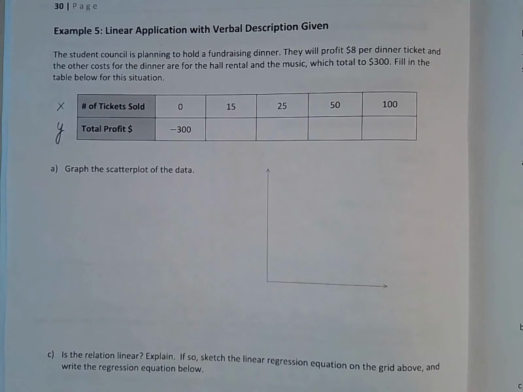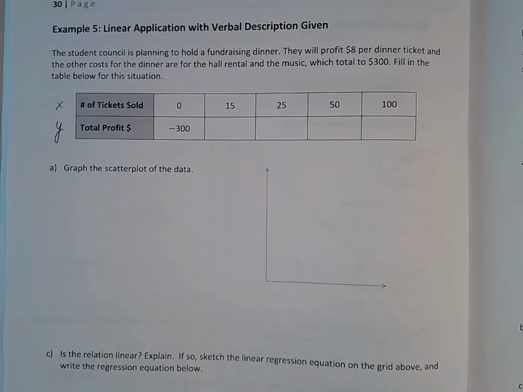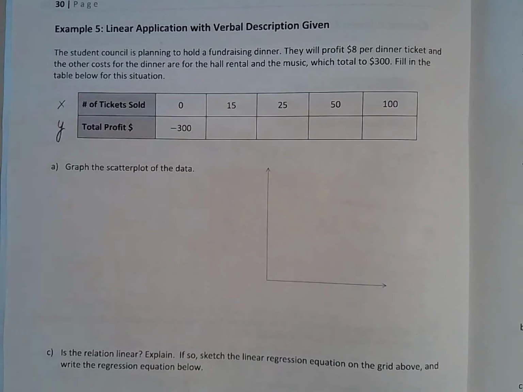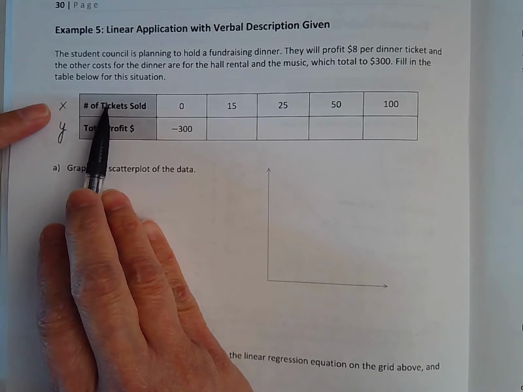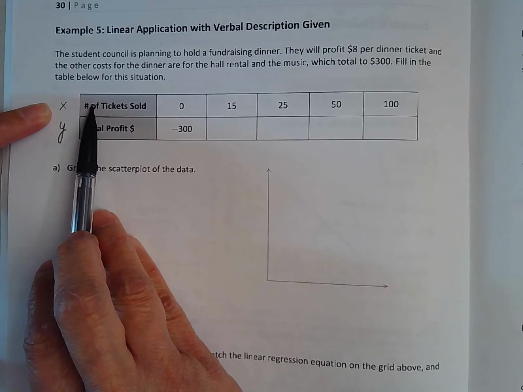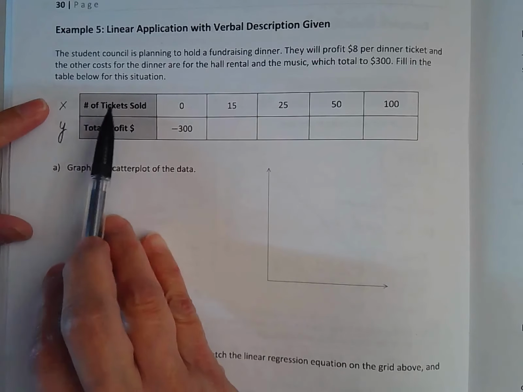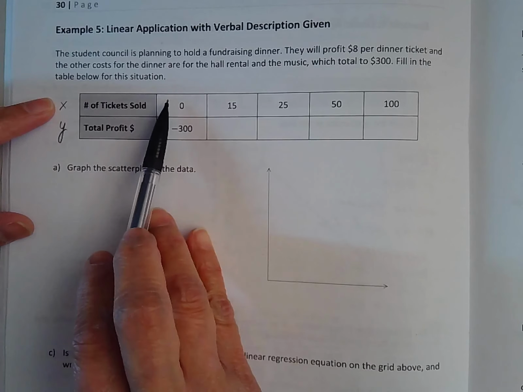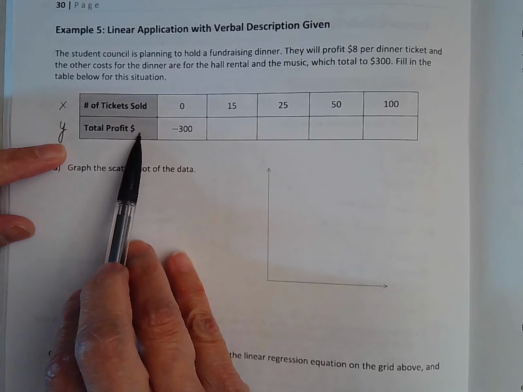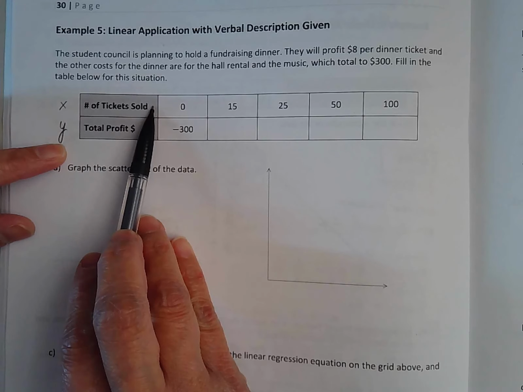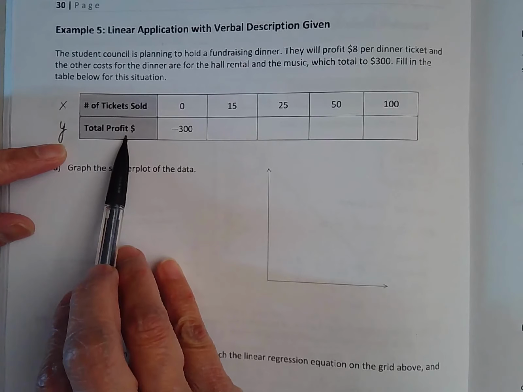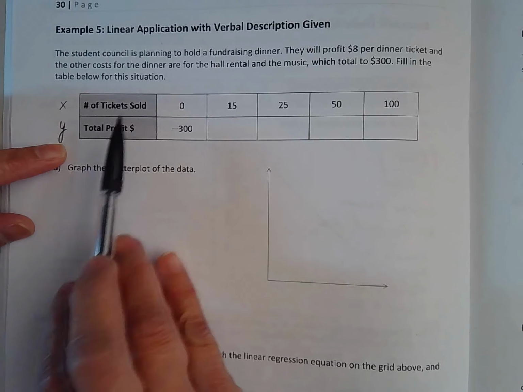Now, somebody asked me this morning, how do we know which one's X and which one's Y? When we take a look at this, we are comparing tickets sold and profit. We know that the total profit will depend on the tickets sold, like the amount of money they are making depends on the tickets sold.